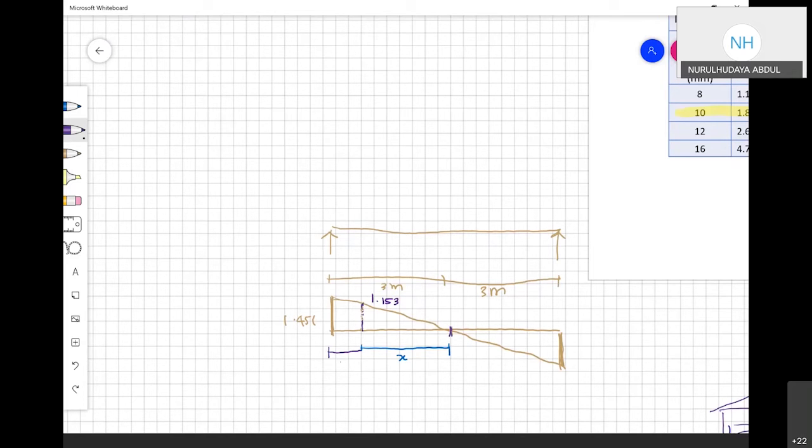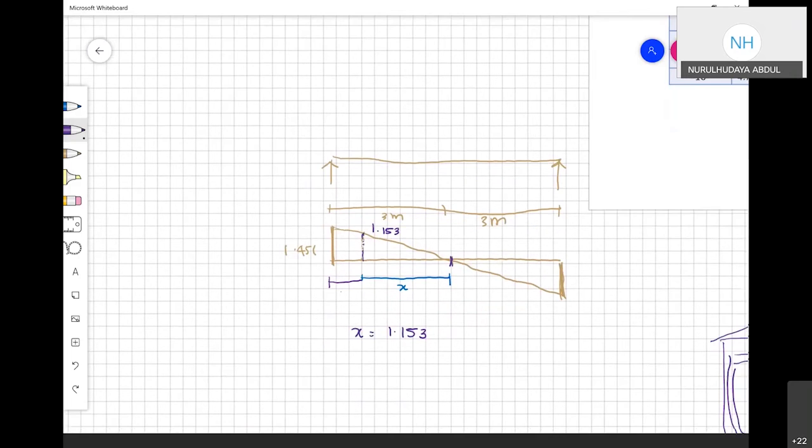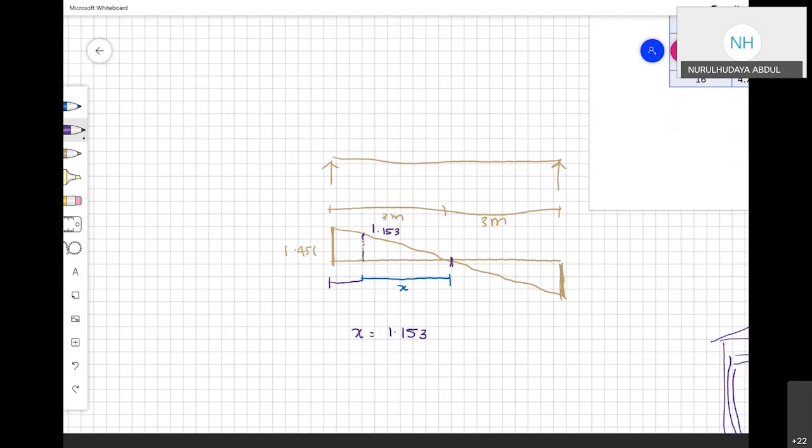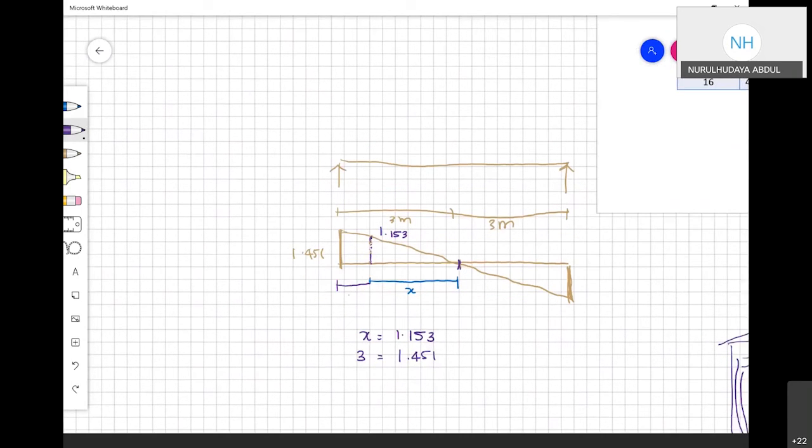So X, we know that X is equal to 1.153. Okay, betul lah. Kalau panjang dia X, stress dia adalah 1.153. Okay. Kalau panjang dia 3 meter, okay, separuh pada beam ni, dia punya shear stress adalah 1.451. Okay, so itu adalah value V dia, which is maximum shear stress kita.